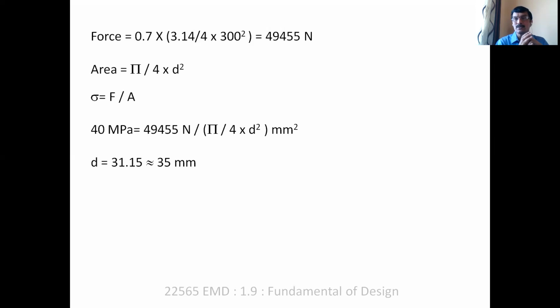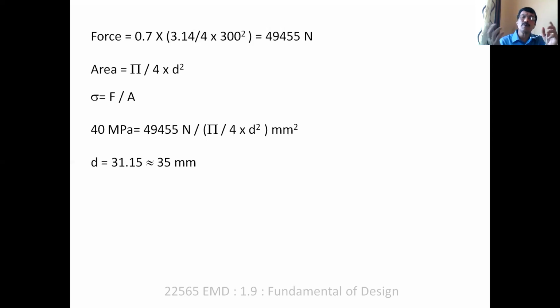So small d comes out 31.15. So let us make it somewhat larger. If you add material, if I increase the diameter, then the force taking capacity or stress induced capacity is going to increase. So if I take 31, if I take 32, 33, 35, whenever we increase the diameter, the strength of that particular rod, or stress induced capacity, is going to increase.